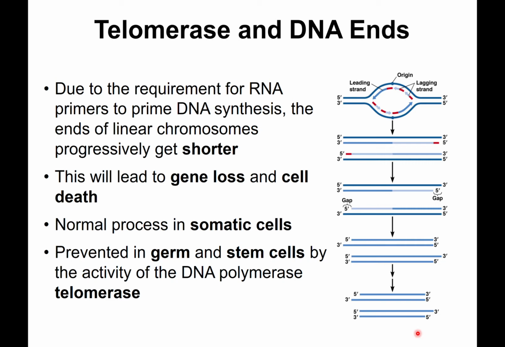For example, going back to the skin, the cells that die in your skin shed all the time. Some people shed even more, they have dandruff and so on. These cells that are shedding all the time have to be replaced, and they're replaced by cells at the very bottom of your epidermis. These stem cells produce the new cells, but you don't want them to start losing DNA.